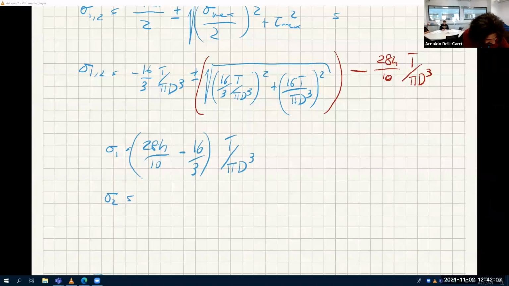Sigma 2 is minus 284 divided by 10 minus 16 divided by 3 t pi d cubed. Agreed? How much is this number? How much is this?